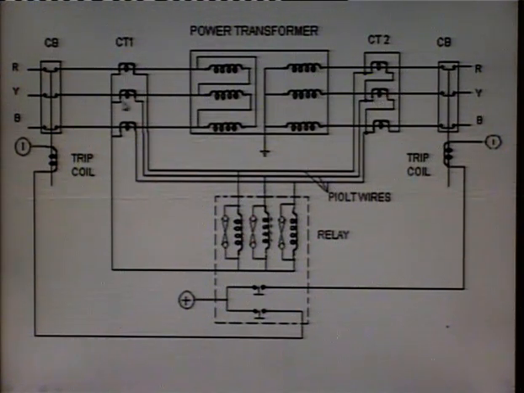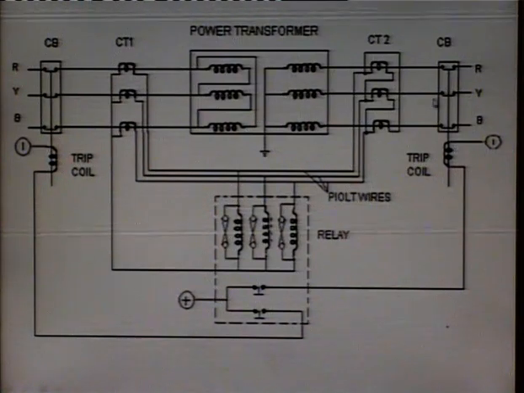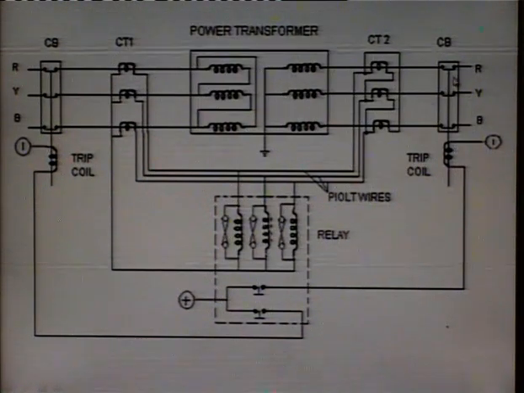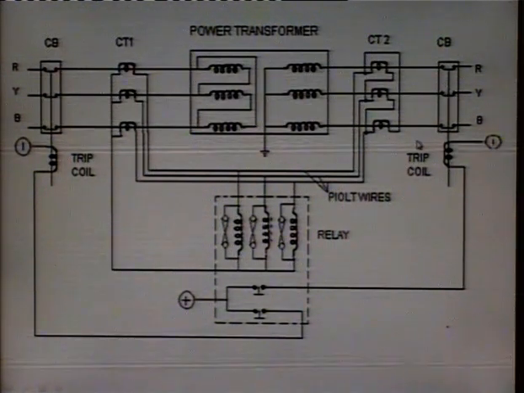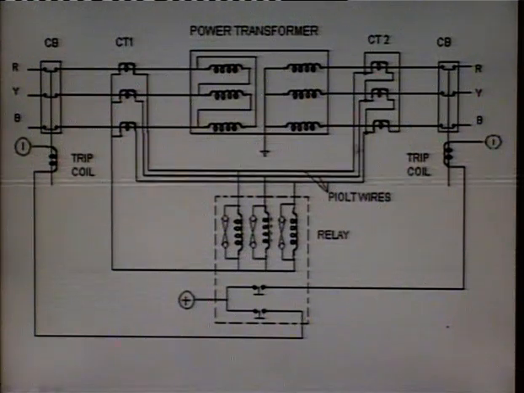So see here, the incoming current should be equal to the outgoing current, and if the incoming current is not equal to outgoing current, then this will lead to the abnormal condition, and in that case that extra current will flow through the pilot wires, and that will energize the relay coil.